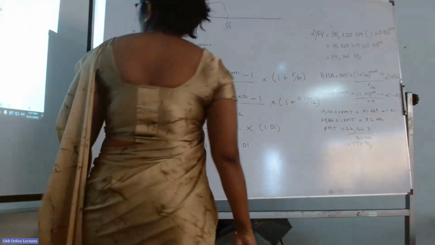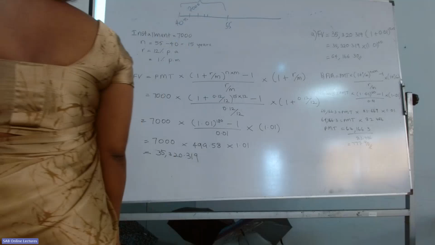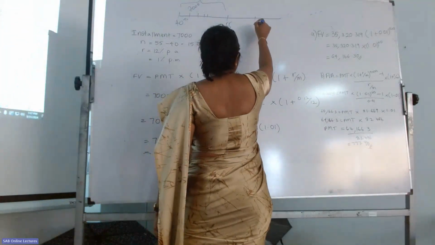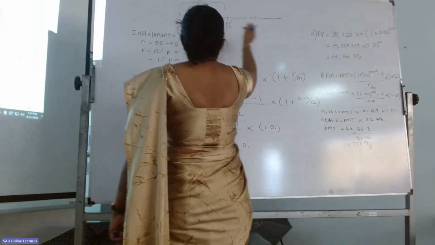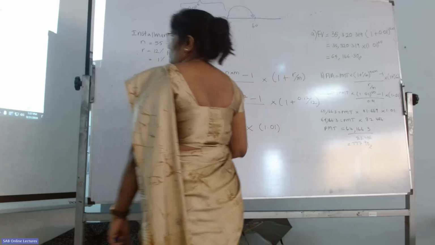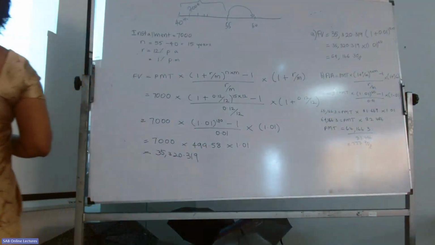Right. So then, after making the last deposit, no transaction will be made over the next 5 years. So the next 5 years means until reaching 60 years old, no transaction, but interest is compounding for this amount. But interest will be accumulated.